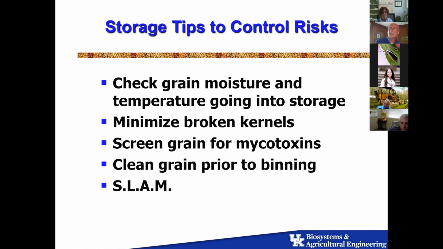If we have an auger, for example, running at a high speed and only about 0.25% capacity, we can generate about 7% broken kernels. Whereas if it's run at full capacity and even a slower RPM, say going from 700 to 500, we can minimize the damage. So that's one thing to look at going into harvest: we may need to switch up some gearing on our handling equipment just to minimize damage going into storage.